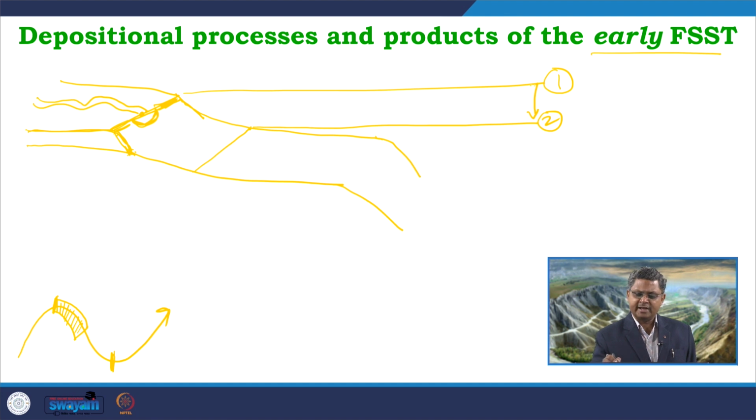Now, as the sea level or base level is falling from level 1 to 2, as I told you in the previous class, this is not a drastic or sudden jump from 1 to 2. It is a very gradual fall, and there can be multiple such time planes we can imagine, and those time planes will have different sea levels or base level conditions like this.